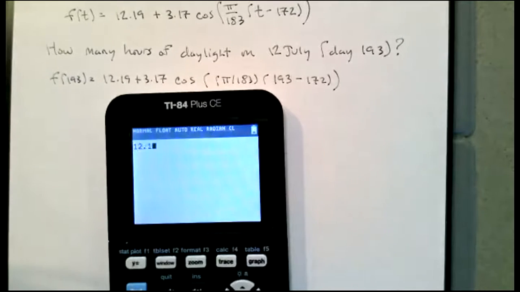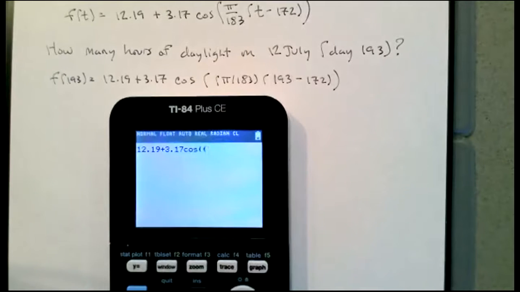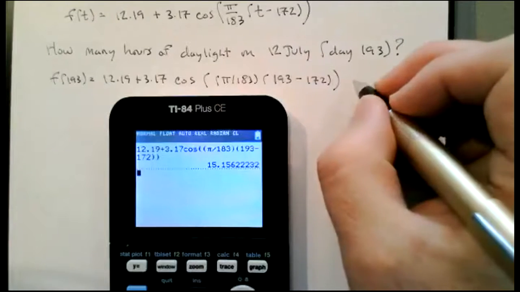So I got 12.19 plus 3.17 times the cosine of pi divided by 183 times 193 minus 172. So 193 minus 172, that'll be how many days have passed since June 21st. So it looks like on July 12th, there will be 15.16 hours of daylight.